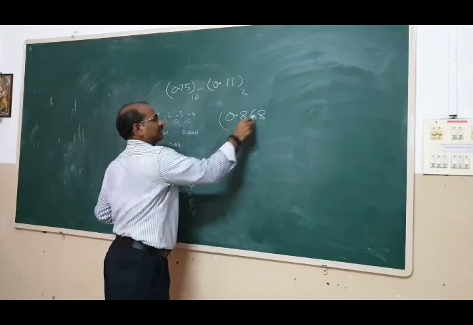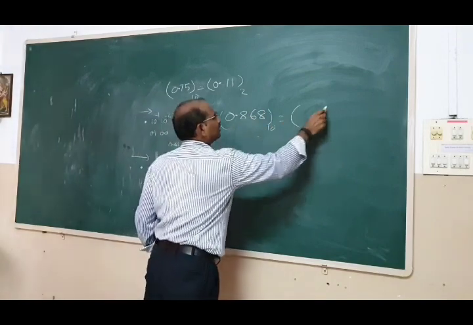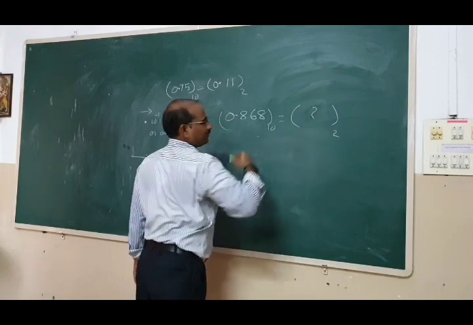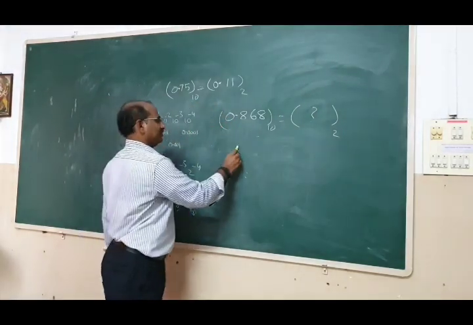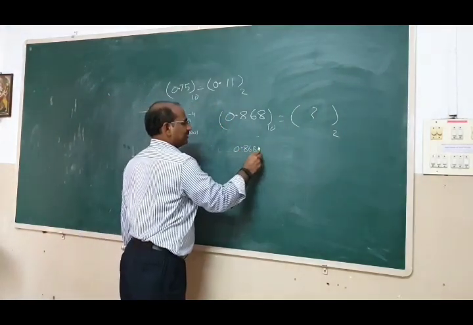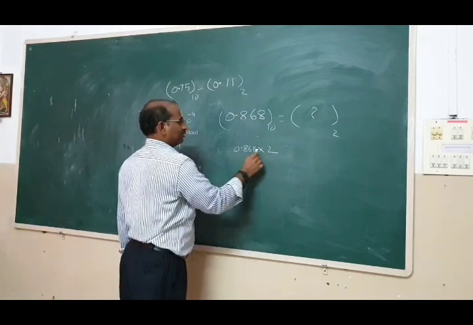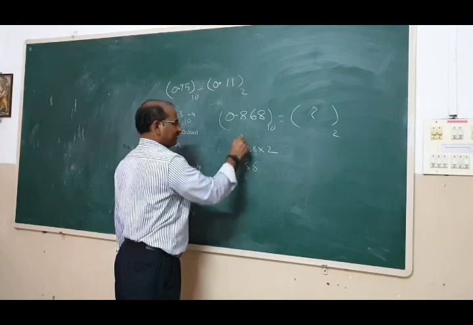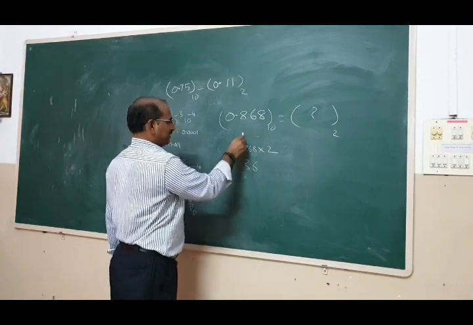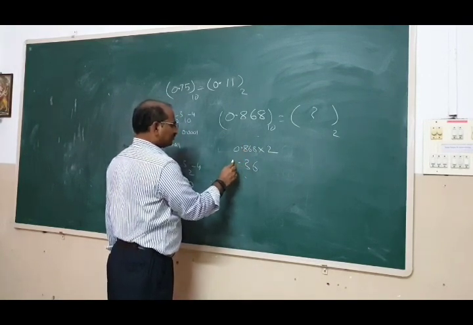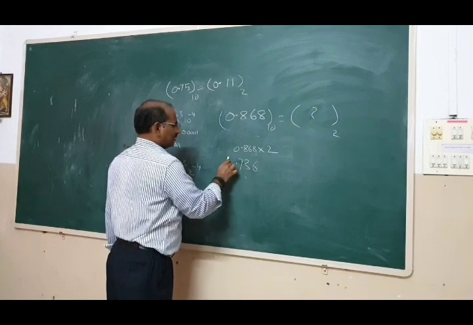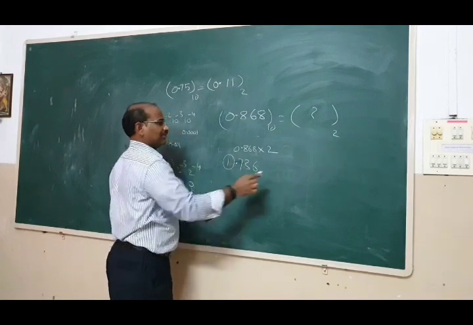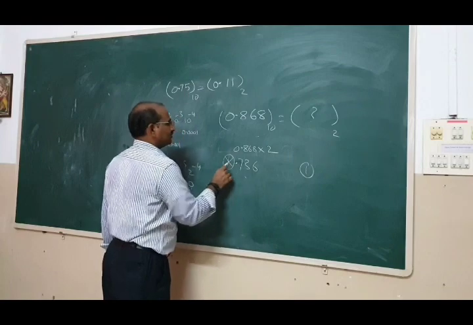0.868 as the number. Then how to convert this into a binary fraction? Same thing, you take 0.868, multiply this with 2: 2 8s are 16, carry 1, 2 6s are 12, 13, carry 1, 2 8s are 16. So you will get 1 here. So you write 1 and you make it 0.